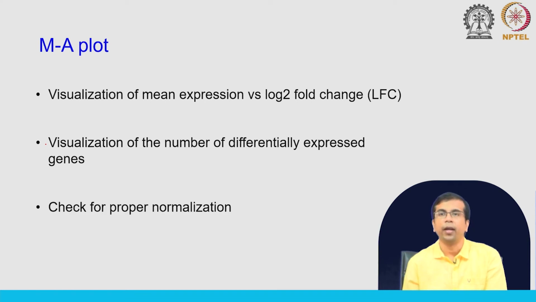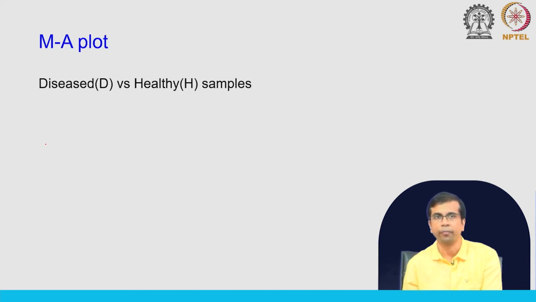The MA plot also helps in checking proper normalization. This was very useful for microarray data analysis, but also in RNA-seq data analysis we can check whether the normalization has been done properly, or whether there is a need for another round of normalization or a different normalization.